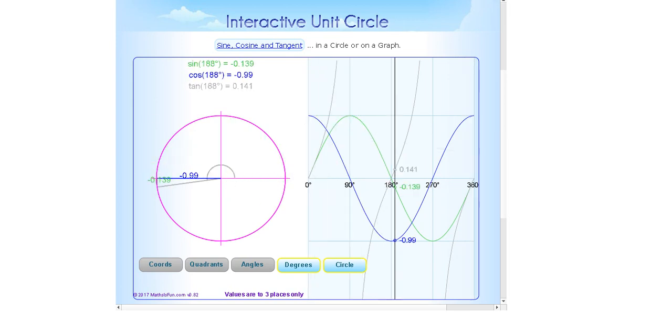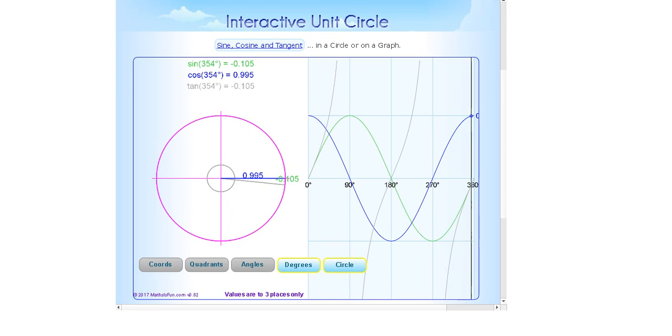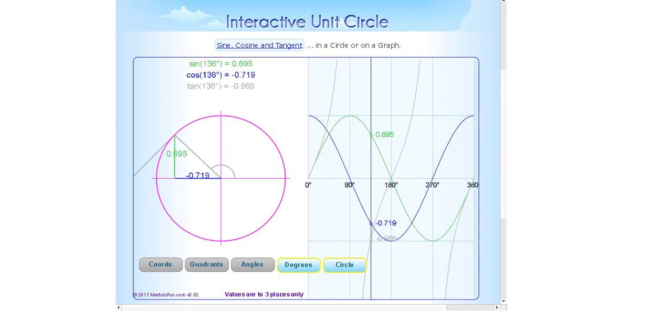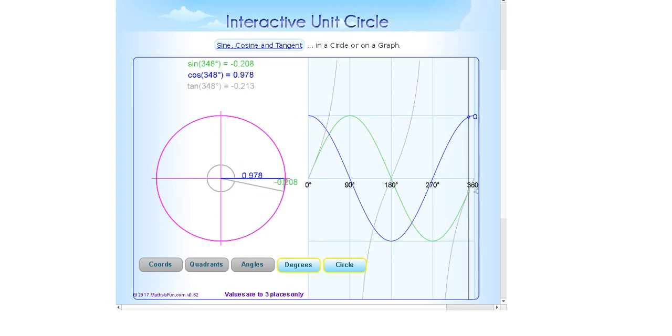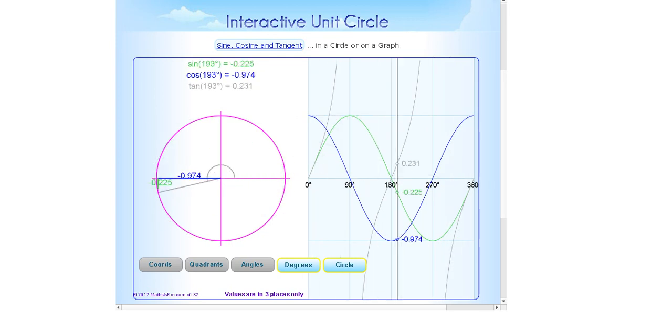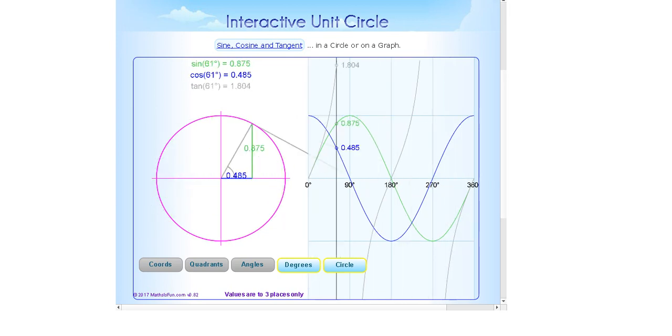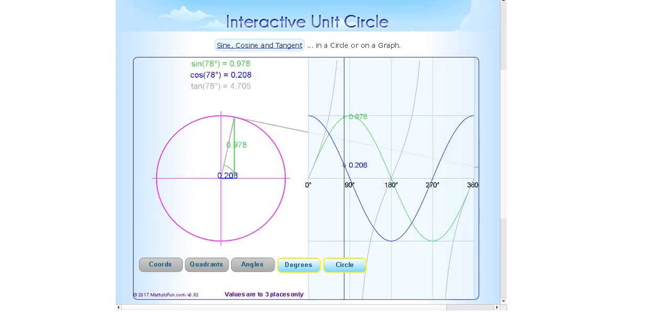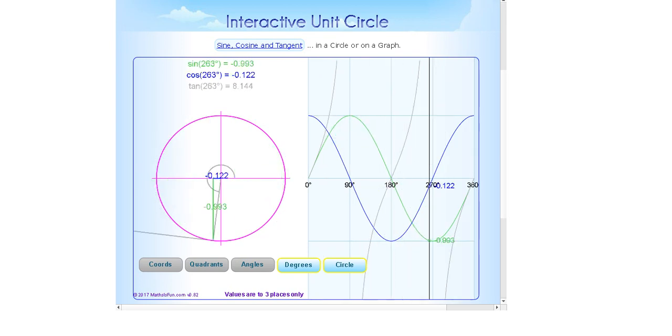No matter what you do, as you graph them and go around the circle, you're always going to get the same answers.